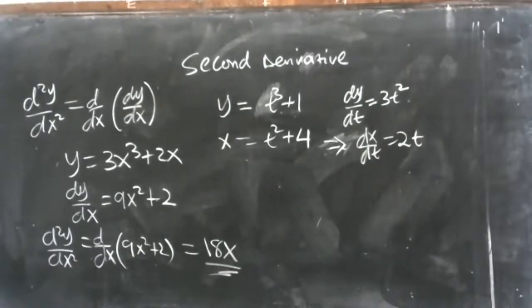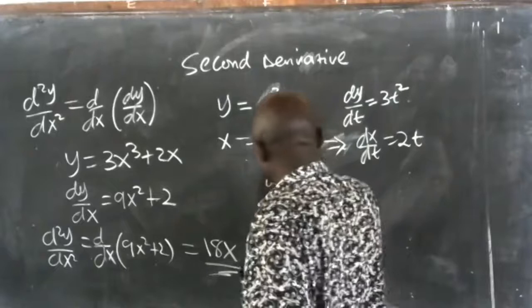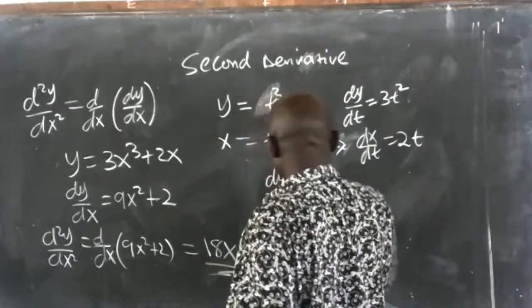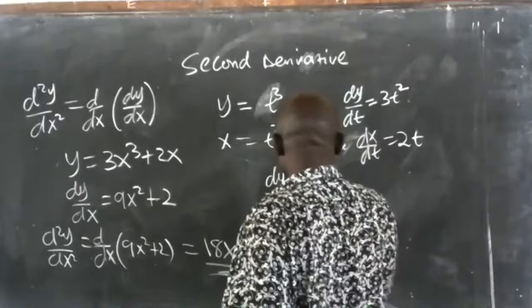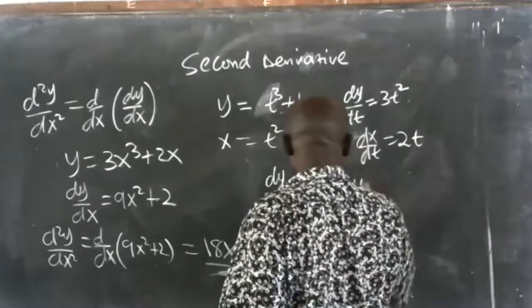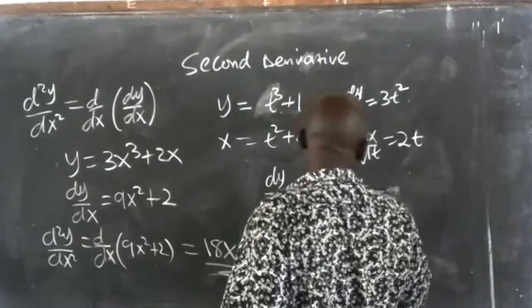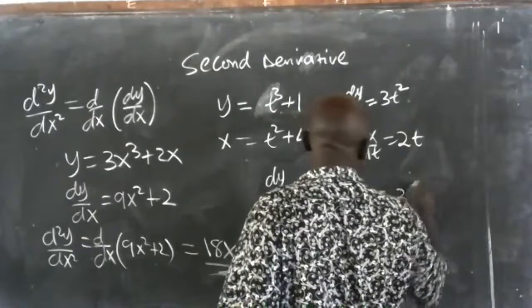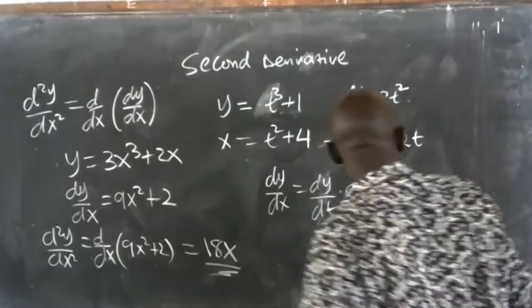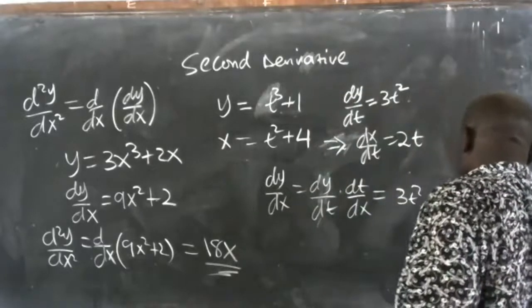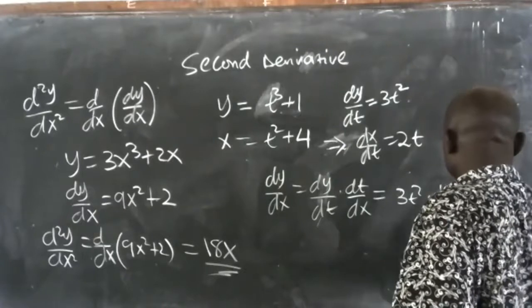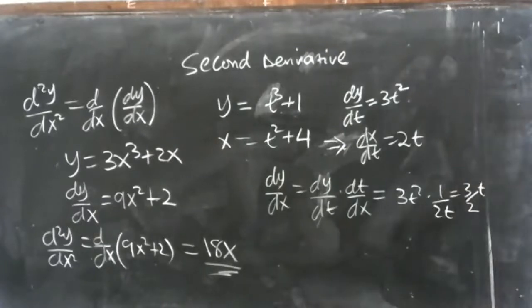So therefore dy/dx will be dy/dt times dt/dx, which is our 3t squared times 1 over 2t, which is 3t over 2. So that will be our dy/dx, but it is in terms of t.